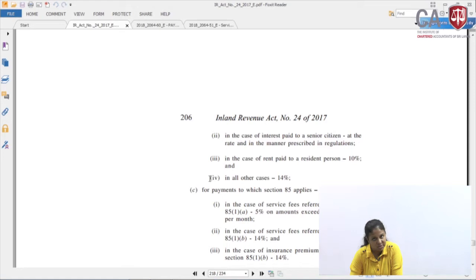See this fourth sub-paragraph. In all other cases, it's 14%. Therefore, the dividend income for a non-resident individual as well as a non-resident company, both it is 14%. If it is received, it is the final withholding payment.